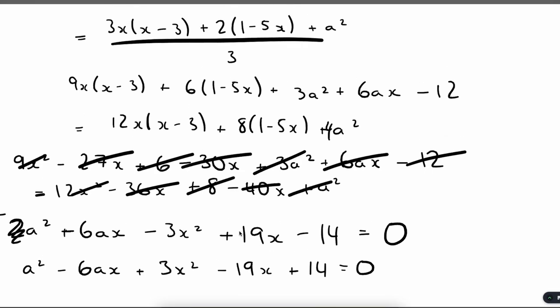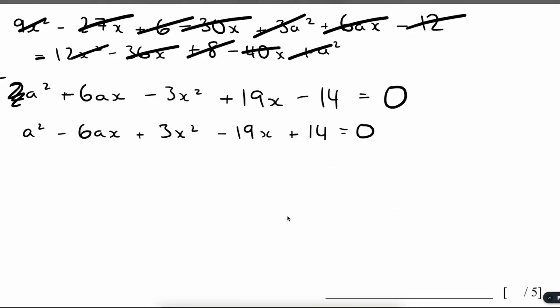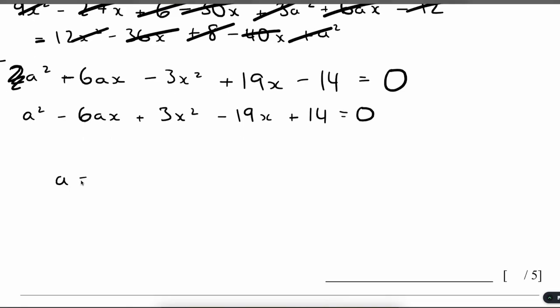So we need to find a in terms of x, so we're going to use the quadratic formula again. But this time we're not using x as our subject, we're using a. So a equals minus b, which is 6x, plus or minus the square root of b squared, which is 36x squared, minus 4ac, minus 4.